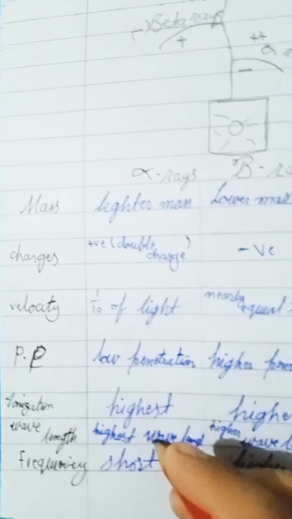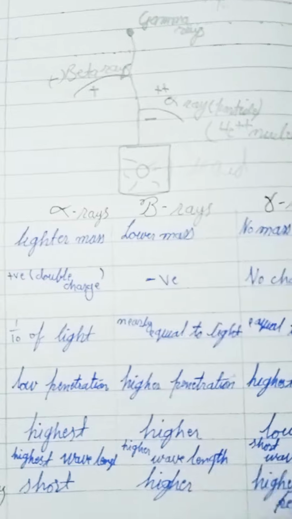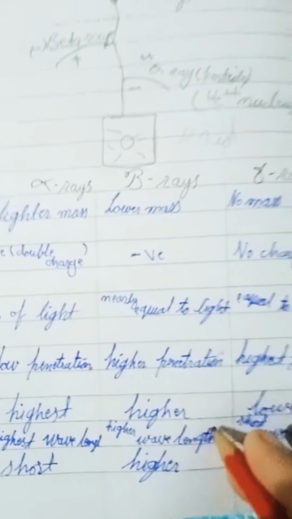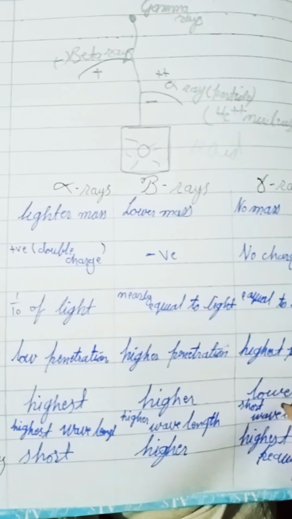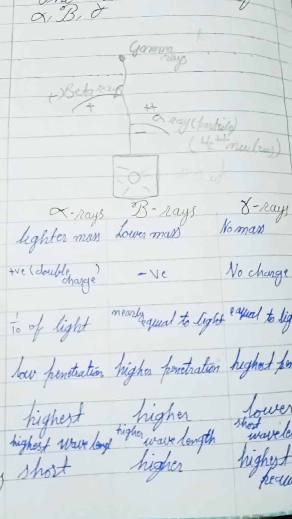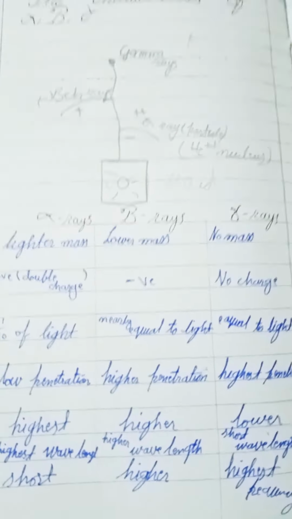So it has a high wavelength. The second highest wavelength is beta rays, and third is gamma rays. Gamma rays are energy and move with high velocity and high energy, so they make a small wavelength and move faster.